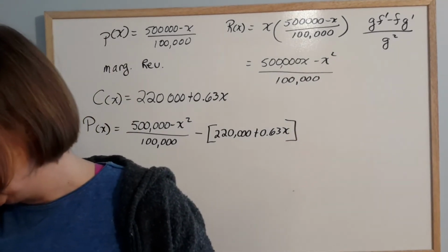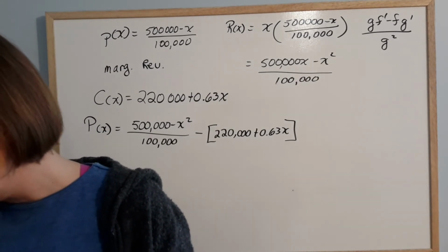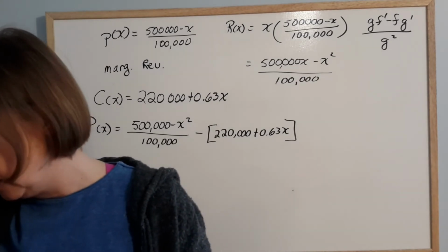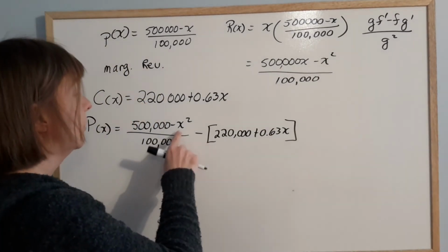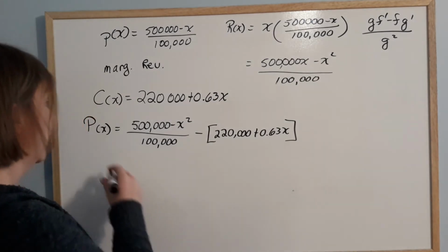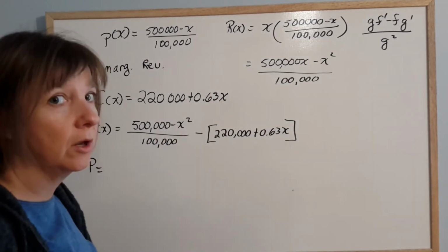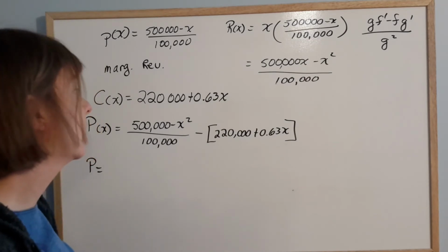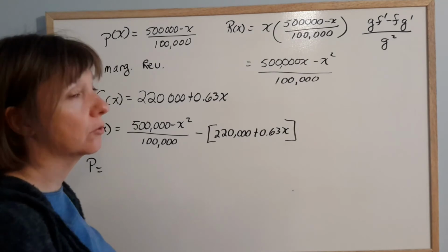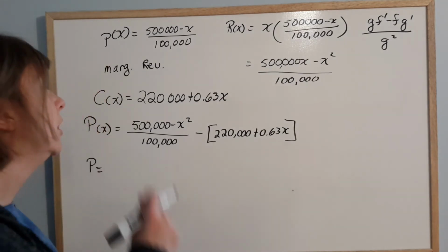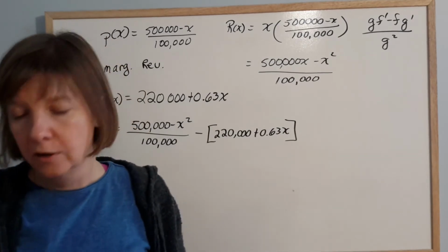So at this point, if you want to, you can put in exactly 300,000 to figure out your profit. So you could put 300,000 in for your x. So 500,000 minus 300,000 squared divided by 100,000 minus 220,000 plus 0.63 times 300,000. You could do that. I'm going to let you do that, or not.